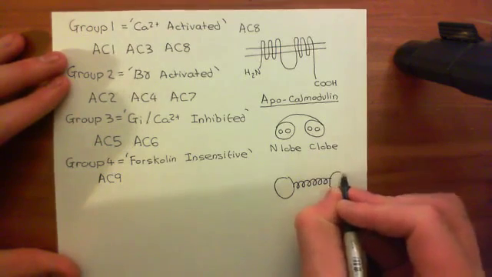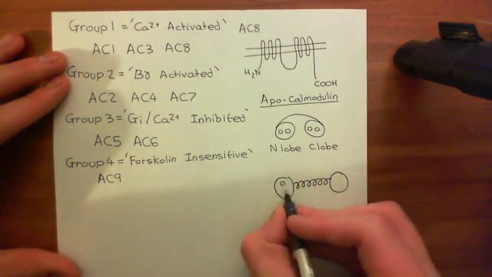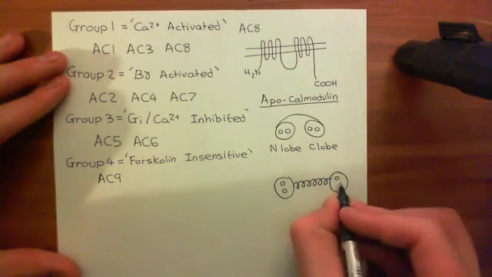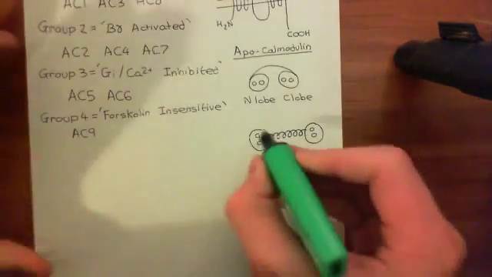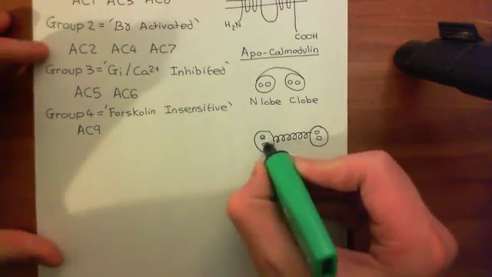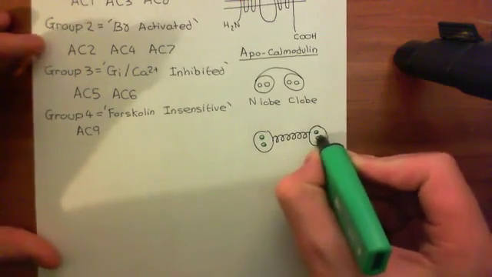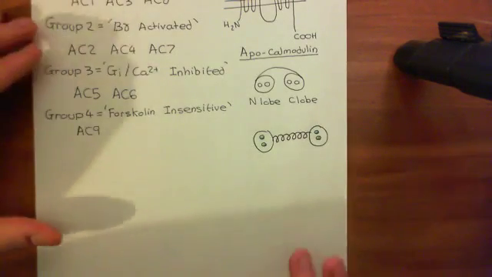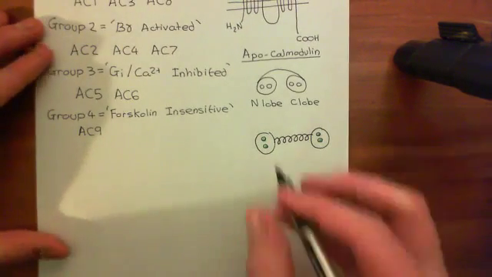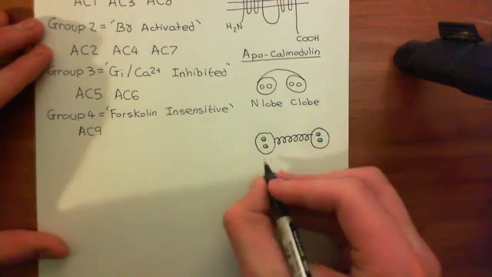Okay, like so. Okay, so this is the calcium bound form. Okay, so I'll show the calcium as green dots then. So you have a green dot here, a green dot here, a green dot here, and a green dot here. So 4 calcium ions overall need to bind to the apocalmodulin to turn it into a calcium calmodulin complex.